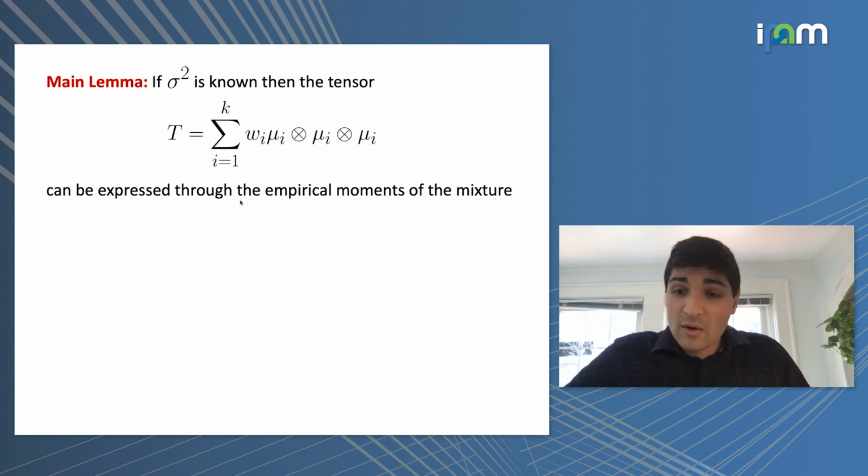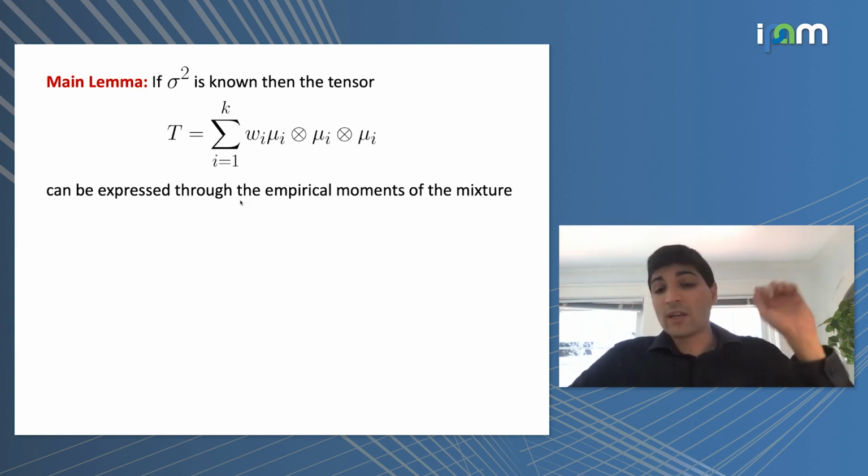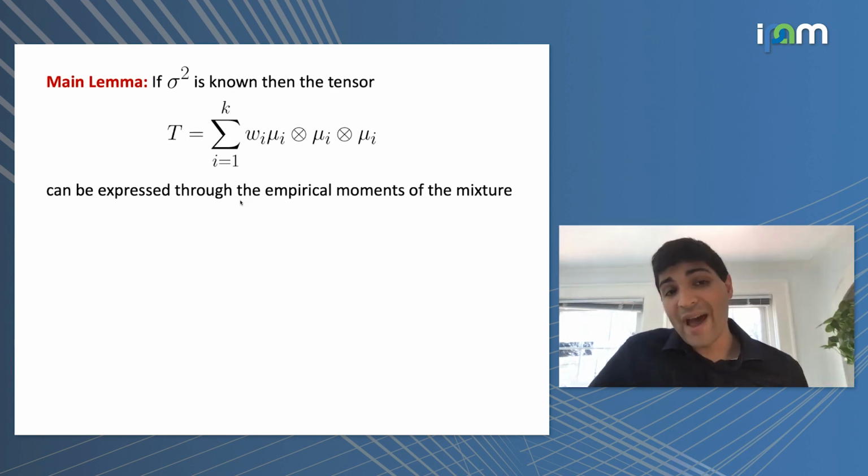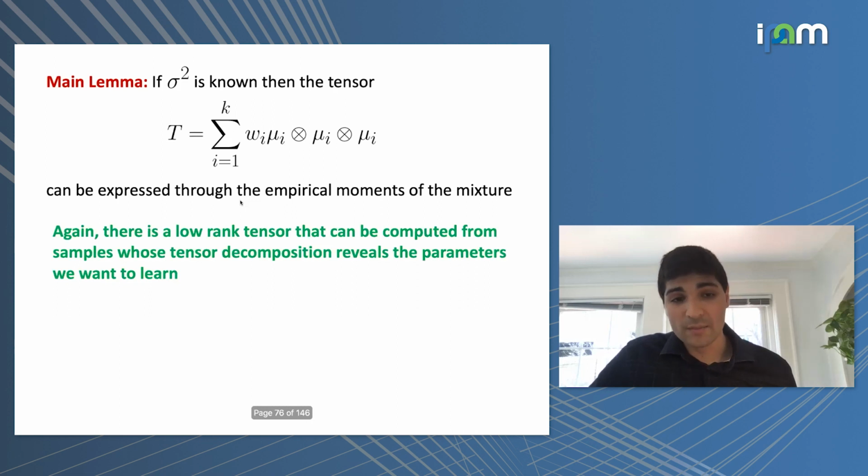This would be great if I could do it, because if I could compute the left-hand side, this tensor T, then the factors in the unknown low-rank tensor decomposition would tell me the parameters of the model that I want, which is the unknown means. So I have to show for you how we can construct this tensor T from empirical moments of our mixture.